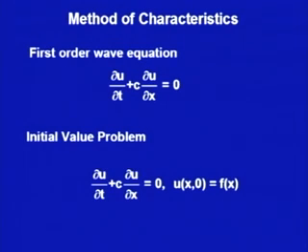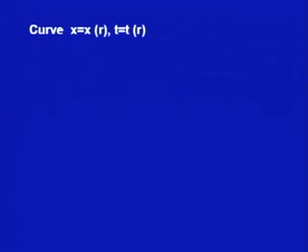We take a particular curve on that plane and try to see how this surface changes along that curve, which is a function. So, we move in the xt plane, take a curve, and assume that my function u(x, t) is constant along that curve.